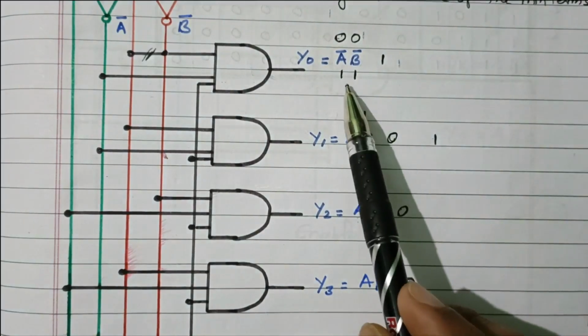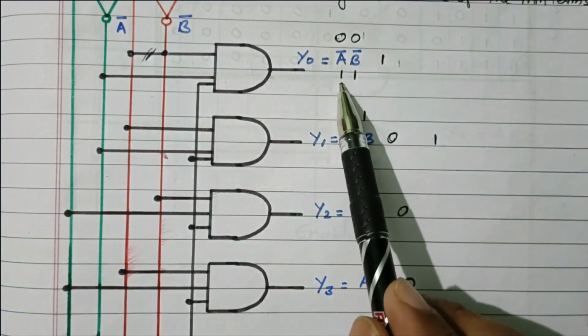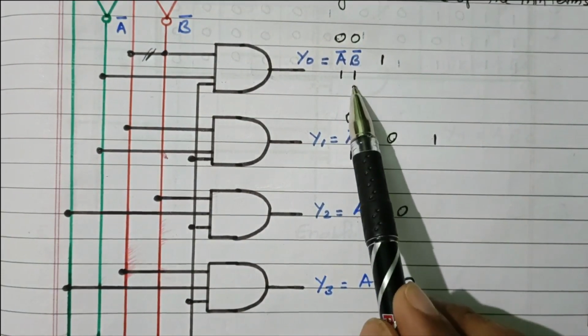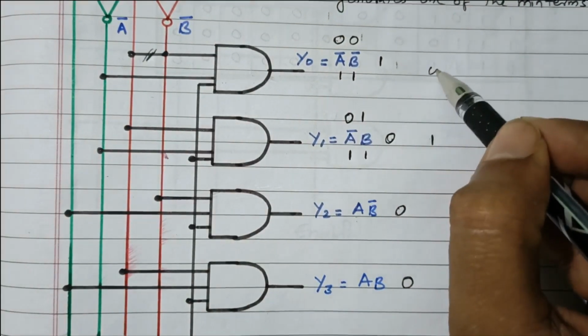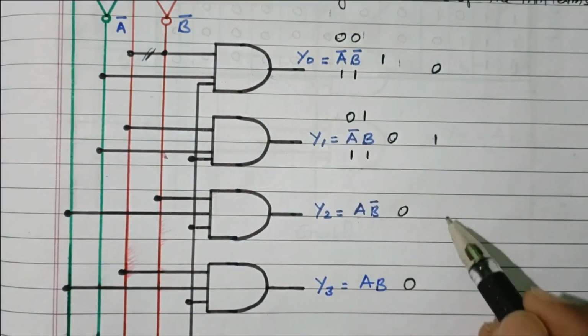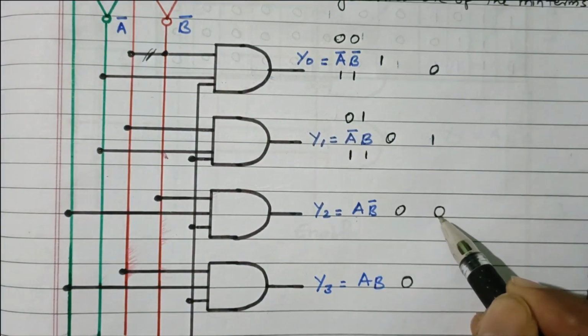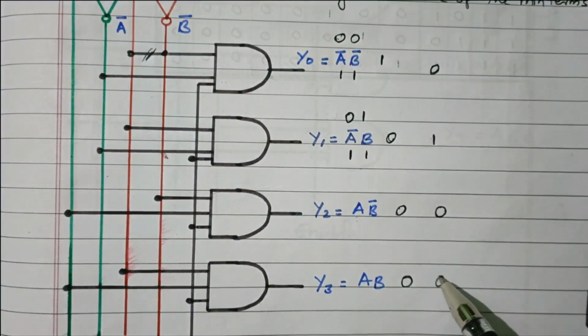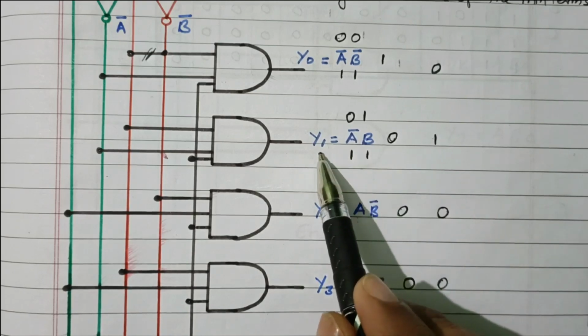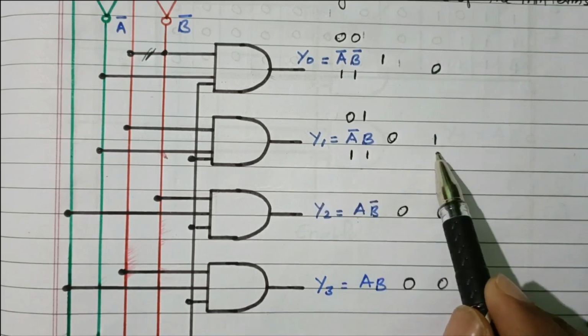But here, with 0 1, the B is 1, so B bar becomes 0. So we'll get 0 as the output. Similarly here A is 0, so one input is 0, which means we'll get 0. Similarly here also we will get 0. Right? Only this second output, Y1, will be 1.